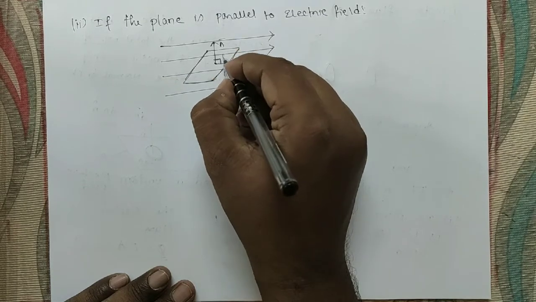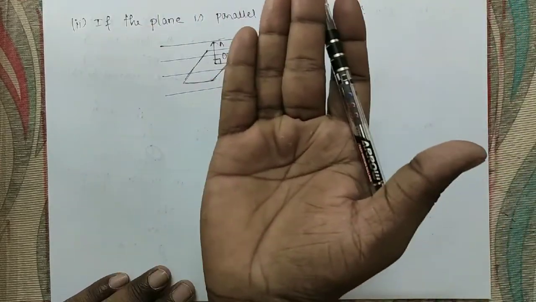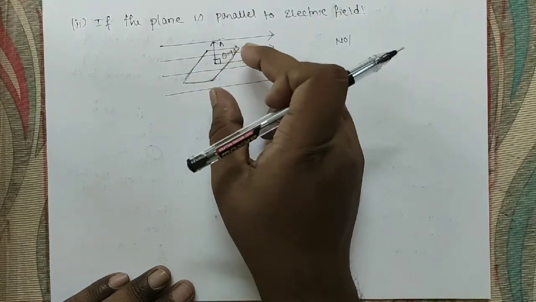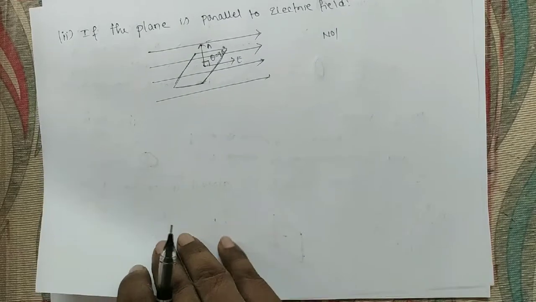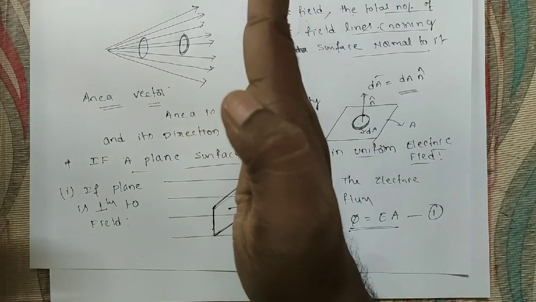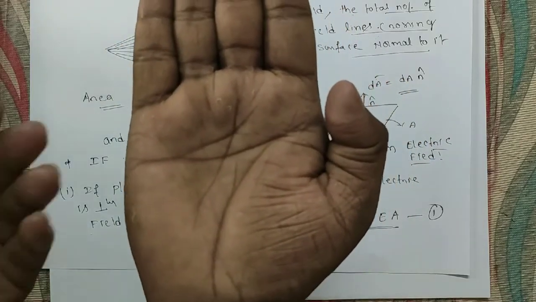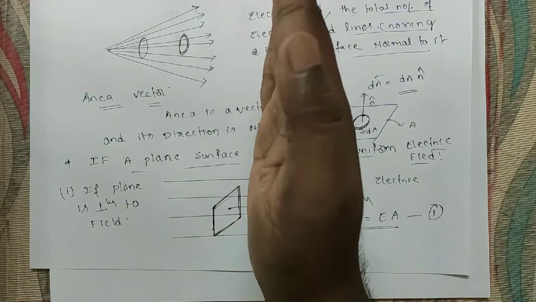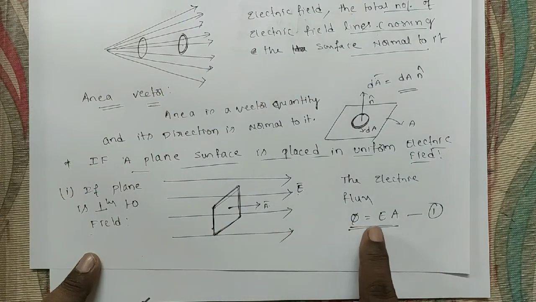Now the angle theta between the area vector and the field is 90 degrees. When the surface is parallel to the electric field, there is no flux, which means no electric field lines are passing across the surface. If the field lines are passing like this and you place a surface perpendicularly, the maximum field lines pass through it, phi equal to EA.